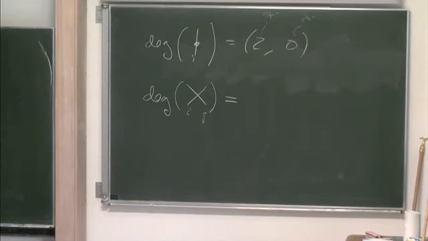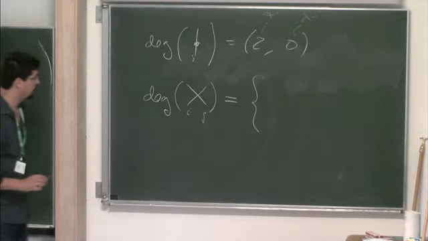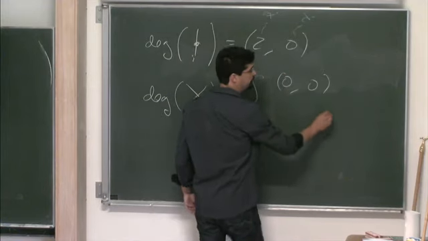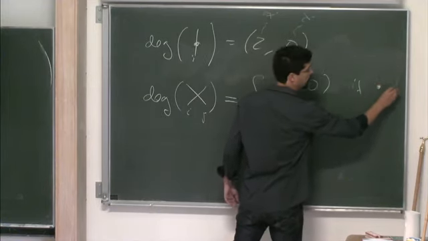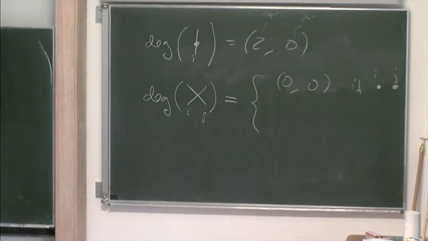So the degree of a crossing ij, let's say it's 0, 0 if in the linking diagram i and j are far apart.